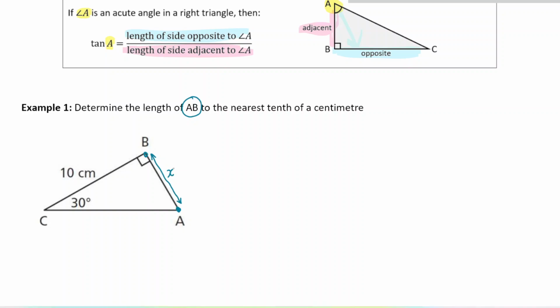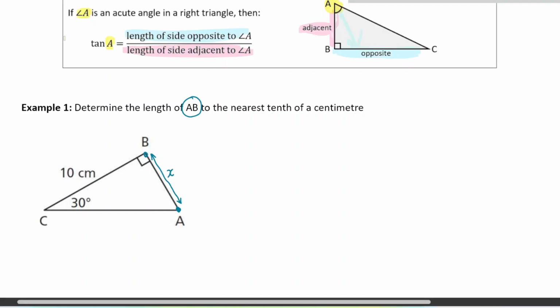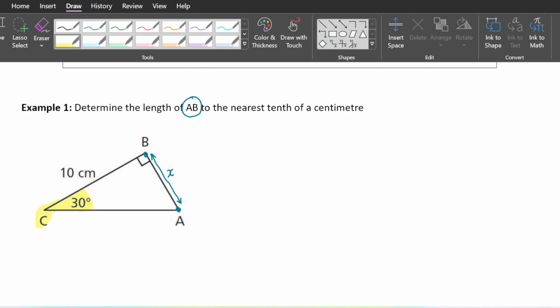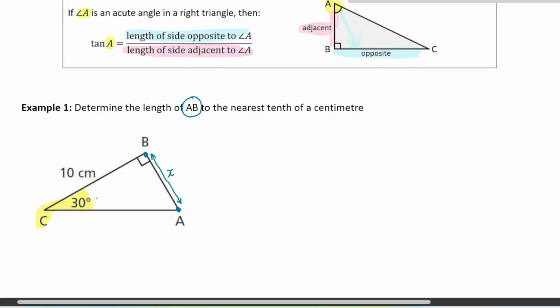Okay, so let's do some labeling of this triangle. We are given angle C here, so that's going to be the angle that we focus on. I'm just going to highlight it in yellow. So everything is going to be in relation to angle C. So when I label my triangle, I'm going to look at angle C, and the side that is directly across from it is going to be my opposite side. And then the side that's right next to the angle C is going to be my adjacent side.